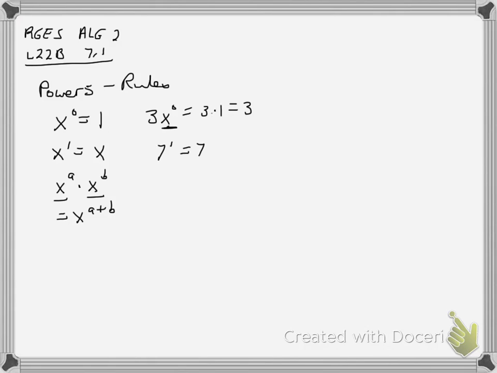So an example of that would be x squared y cubed x to the fifth y to the seventh. Same variable, add exponents, my y's, 3 plus 7 is 10.